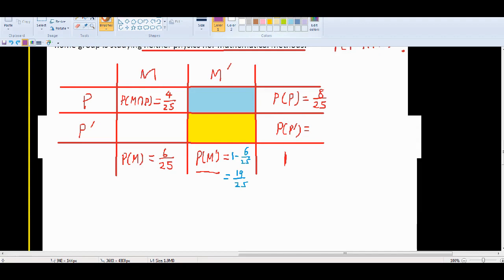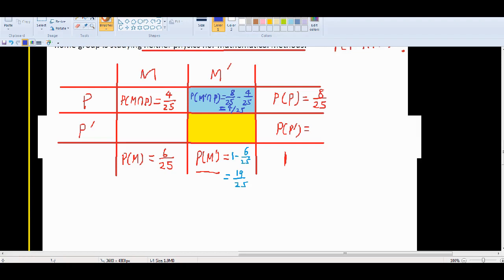So you can use 8 over 25 take away 4 over 25 to get this number. That's the probability of not taking method but studying physics. So it's physics but no math. Sorry, no method. This probability can be found by 8 over 25 take away 4 over 25, and that gives 4 over 25.